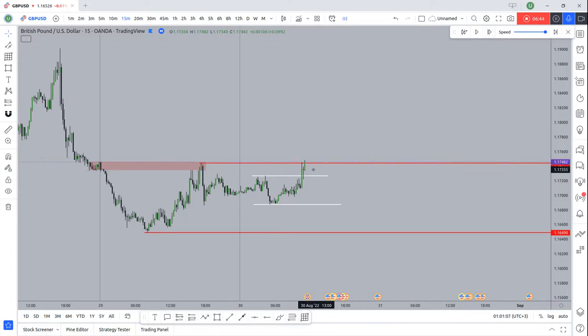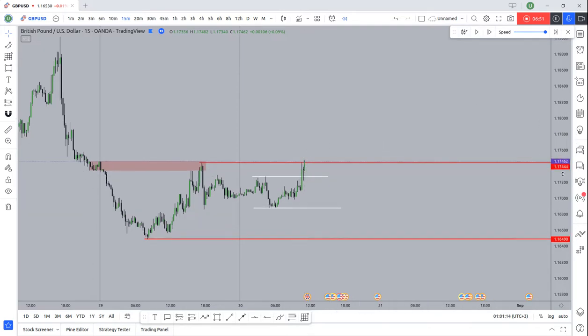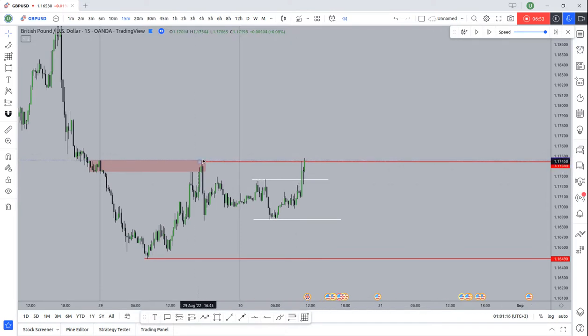Now we see price starting to go up, grabbing all the liquidity up here, and also we have this imbalance that was partially filled.